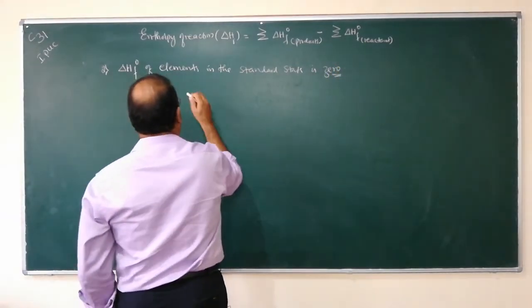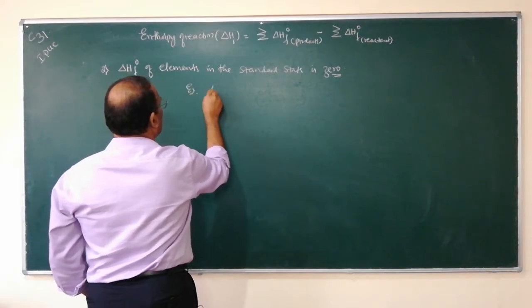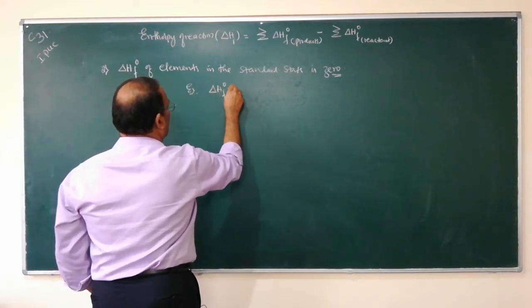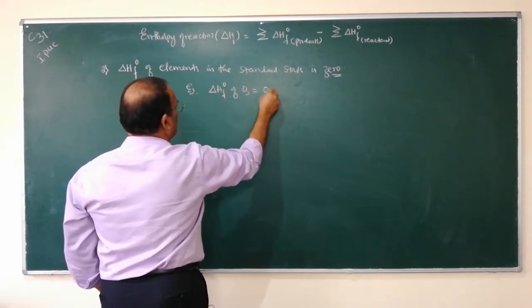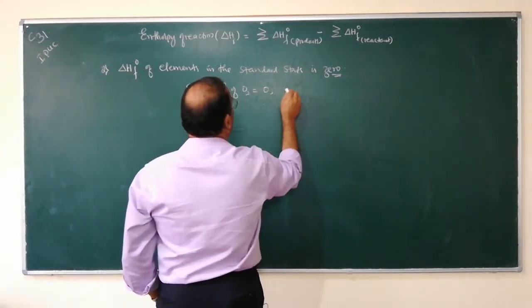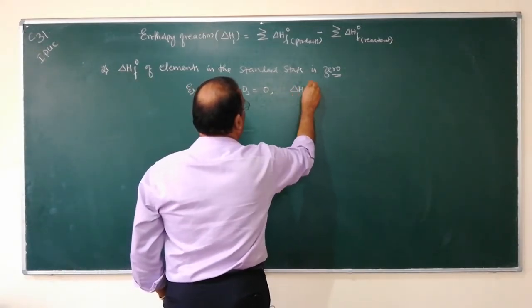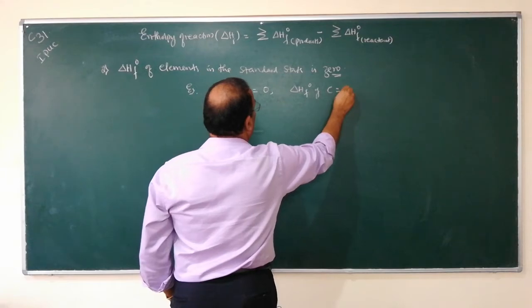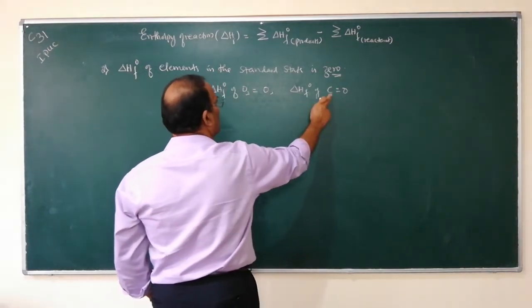For example, delta HF naught of O2 equals 0, delta HF naught of C equals 0, because all these are elements.